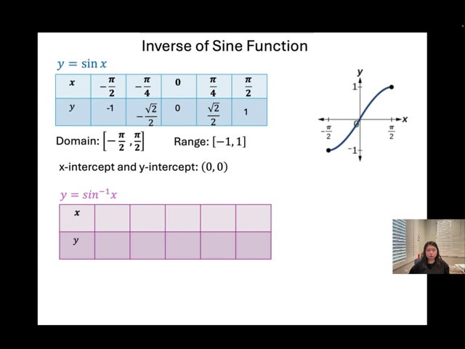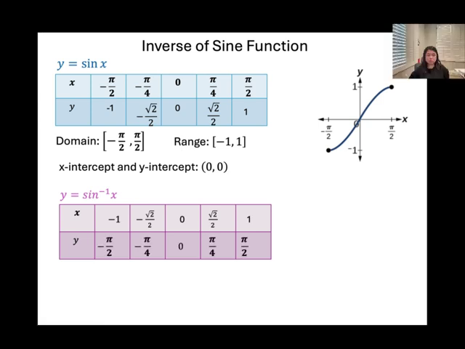Okay, check your work. All the x will become the y, and all the y will become the x. Based on the table, you should have a graph that looks like this. Make sure the direction is a little bit different from the sine graph. This is kind of smooth, going up and then going down.